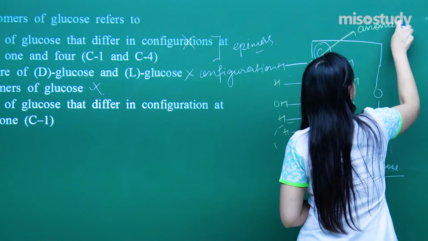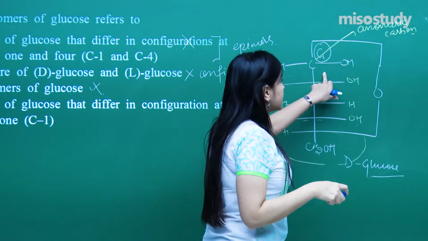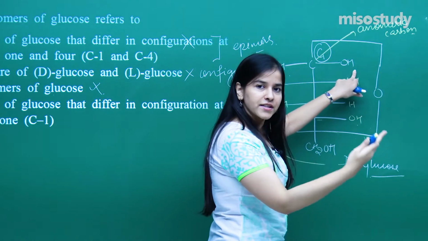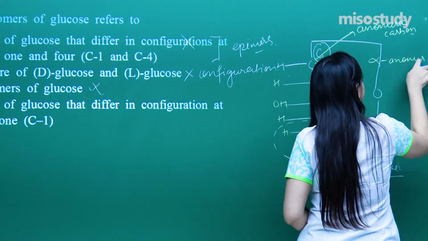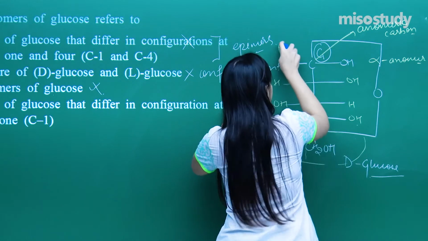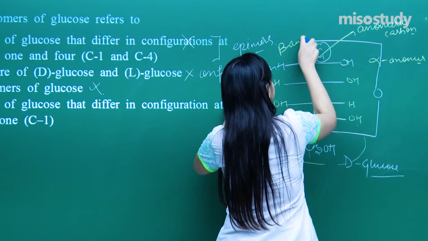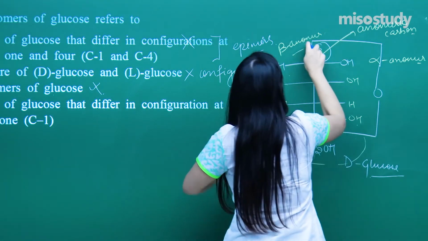We have already discussed this. If OH is lying towards the right, we get the alpha anomer. And if this OH is lying towards the left, we get what? Beta anomer.